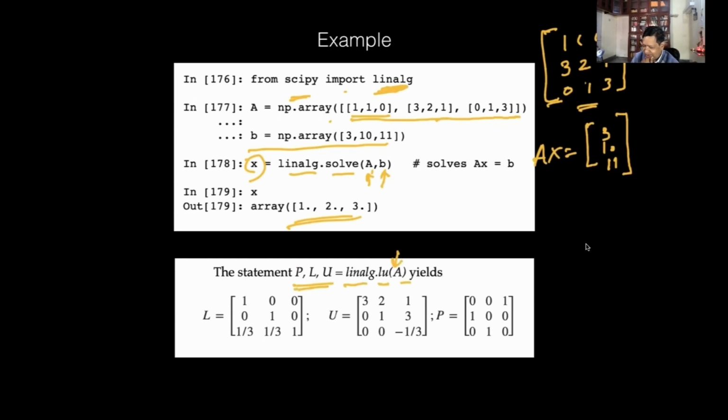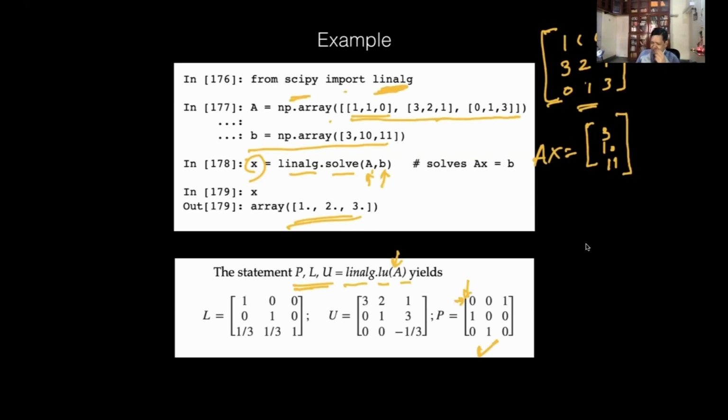Just put these three arguments, P, L, U equal to. So P will be the permutation matrix. You can see that each row has only one 1, and each column has only one 1. As I told you, if any of the diagonal is 0, then Gauss elimination does not work and we need to swap.